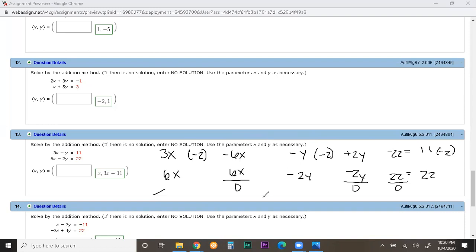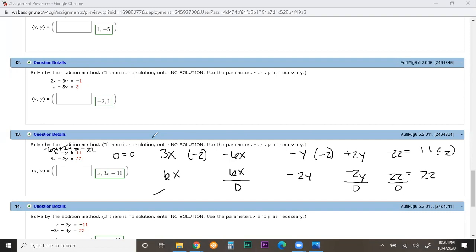So in this case, when we multiply this first equation by -2, we will get -6x plus 2y equals -22. So when we add those together, we will get 0 equals 0, which is true.